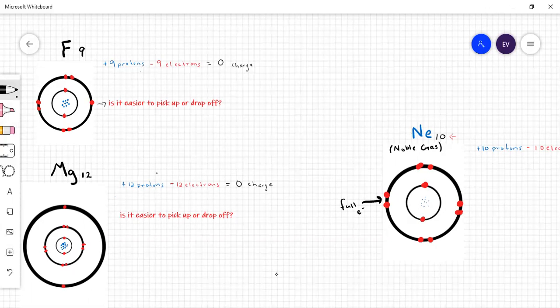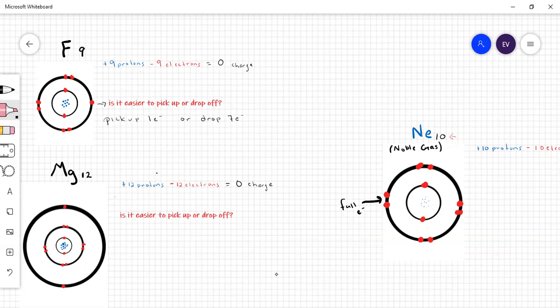So is fluorine going to pick up 1 electron or drop 7 electrons, just in terms of energy? Which seems to be easier? To pick up that 1 missing electron to have a full outer shell, or to get rid of all 7 valence electrons to have a full inner shell?